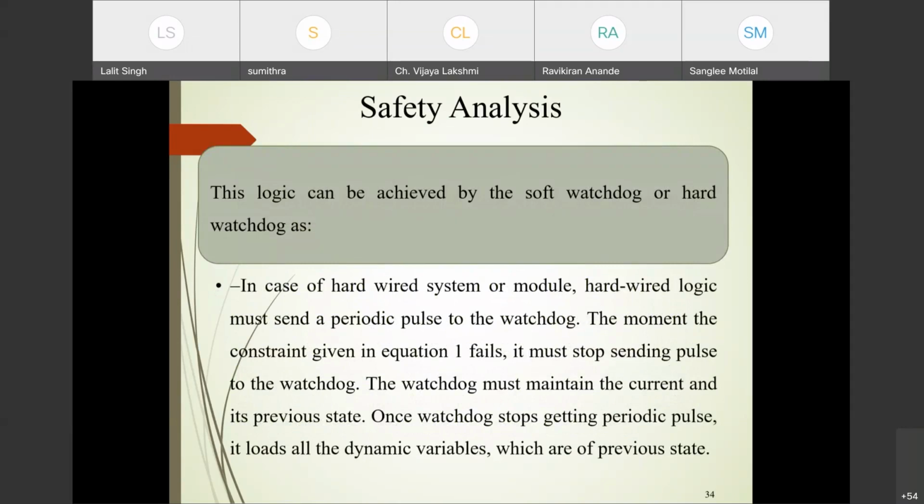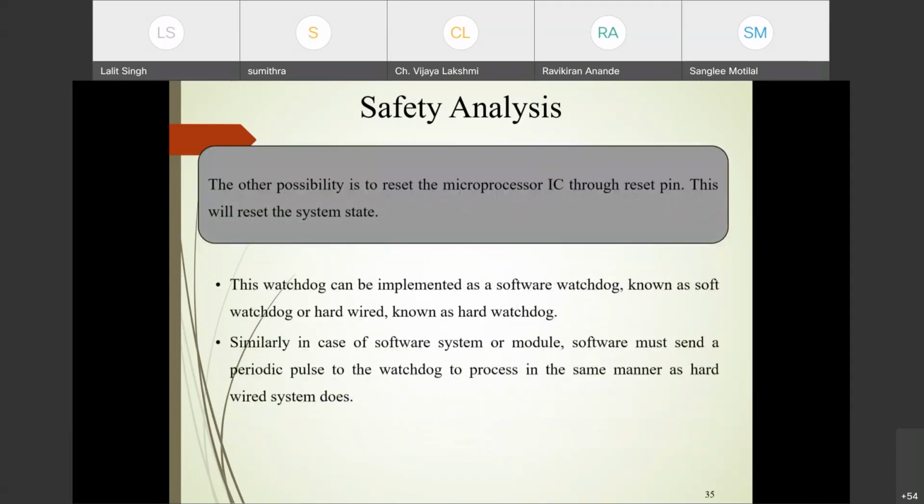And the watchdog must maintain the current and its previous state. So once the watchdog stops getting the periodic pulse, it loads all the dynamic variables of the previous states. The other possibility is to reset the microprocessor IC through the reset pin, which can reset the system state.